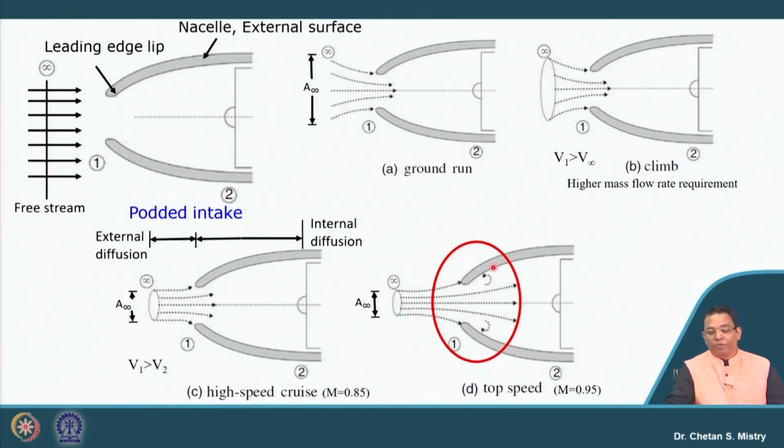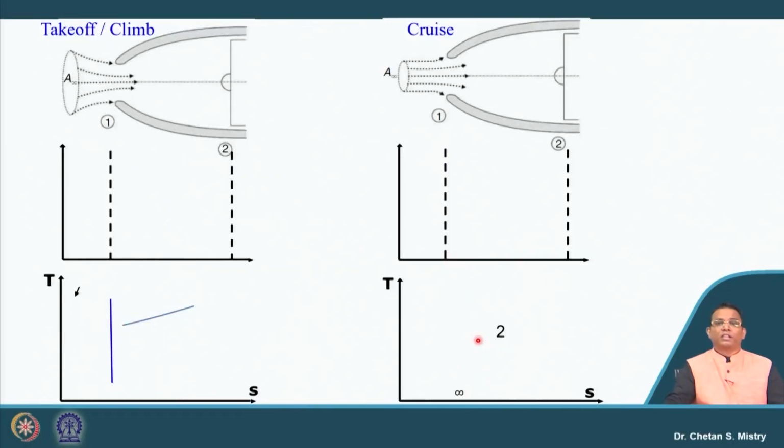Since my diffusing angle will be large, that will lead to flow separation, which creates trouble downstream of my engine. I should avoid this kind of situation. So all aircraft, say commercial aircraft, have been designed for a maximum speed and cannot be flown beyond that speed.